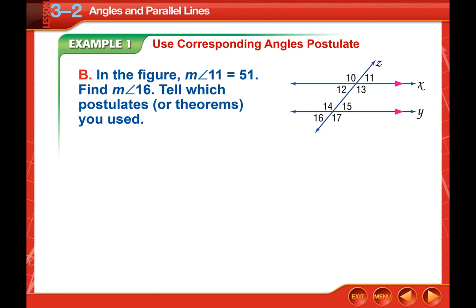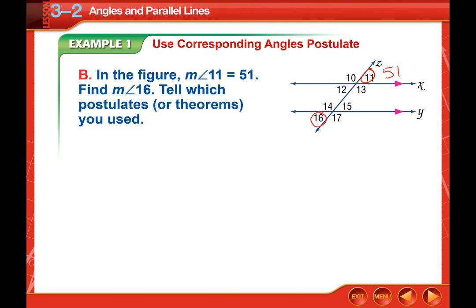So with that in mind, we see this figure in which the measure of angle 11 is 51 degrees. So we know that this is 51. We need to find the measure of angle 16. Previously we found that if angle 11 was 51, its corresponding angle 15 was also 51. What relationship is there between angle 15 and angle 16?